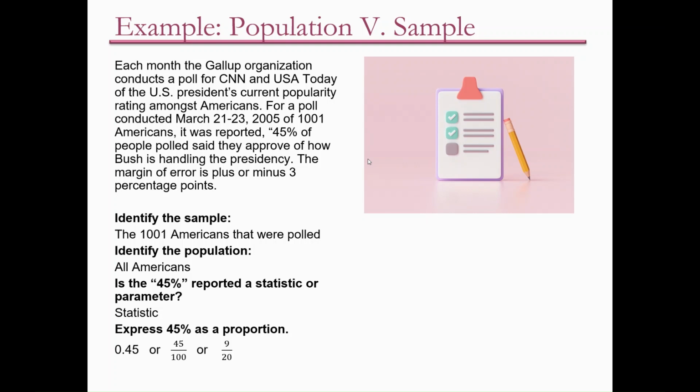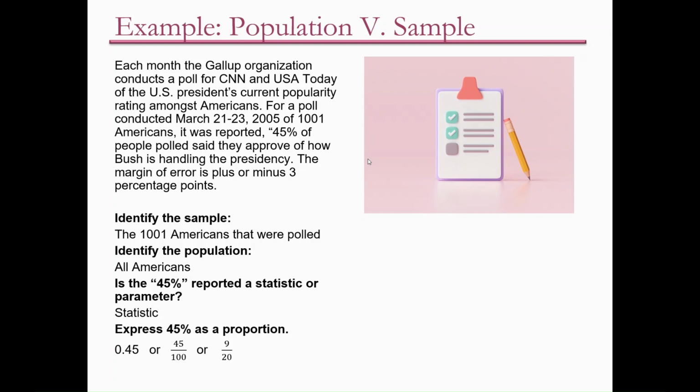And so what I've written down here is 3 ways we could express this 45% as a proportion. So the most obvious way is just writing it as 0.45. If you just divide a percentage by 100, you'll get the decimal form. And so over here, I've also written it as a fraction.